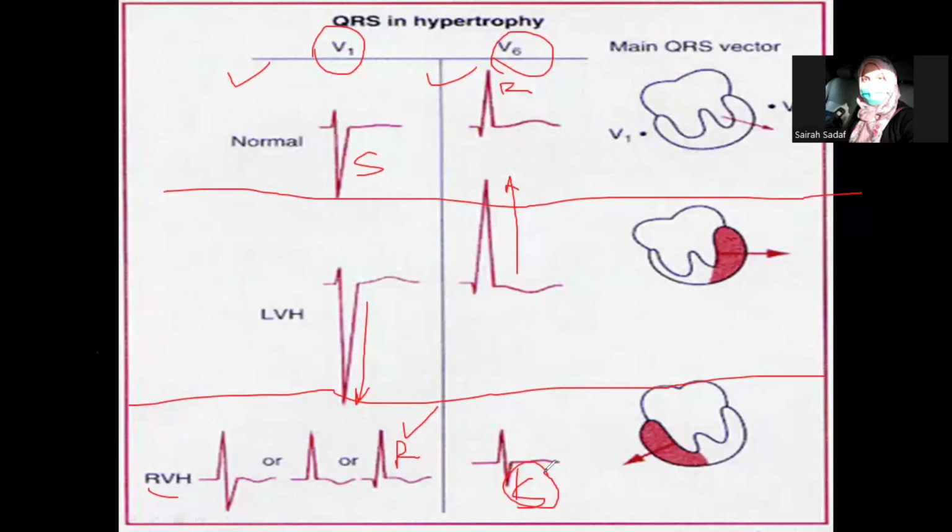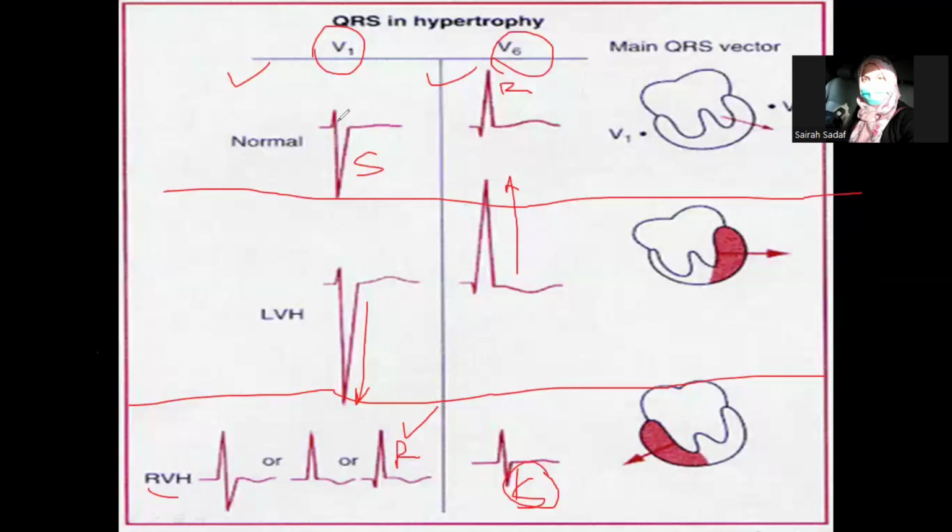In case of left ventricular disease, the normal findings will get enhanced. And in case of right ventricular disease, the findings will be opposite to the normal. Now you got this? I will repeat it again. In case of left heart diseases, like left ventricular hypertrophy, the normal features of the ECG will be enhanced.